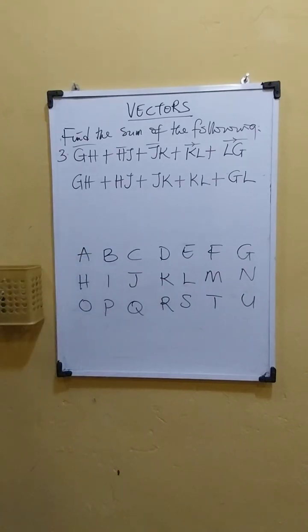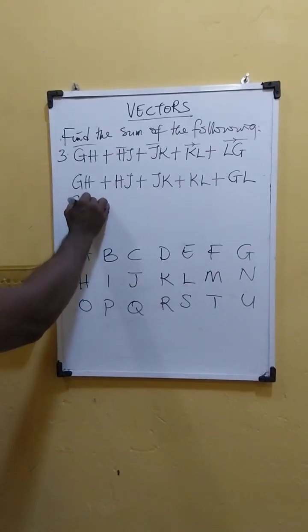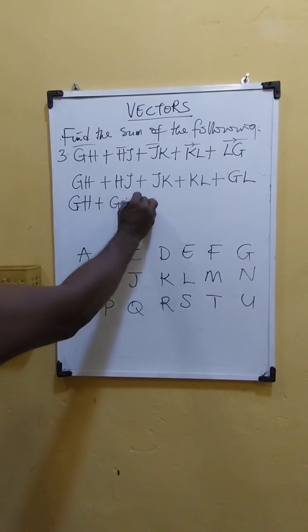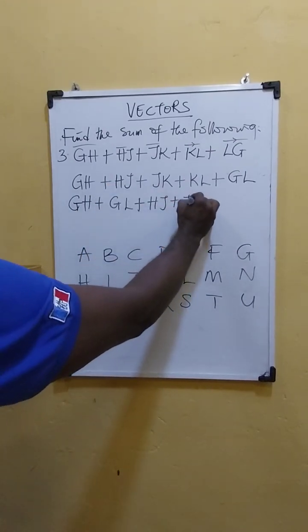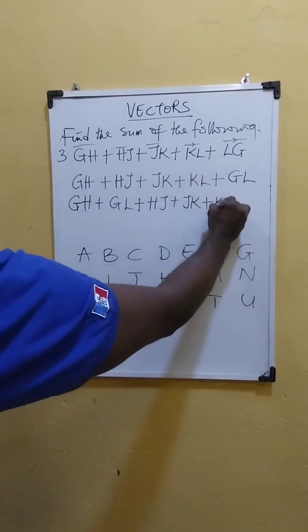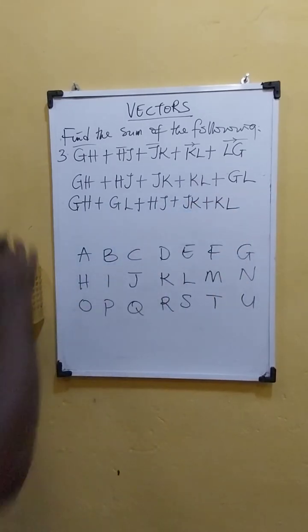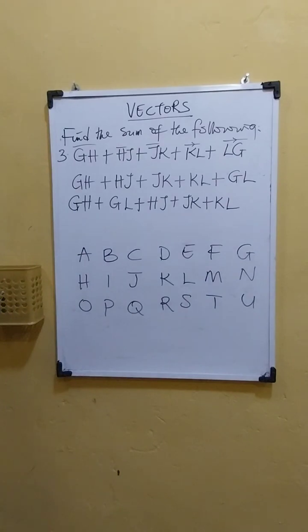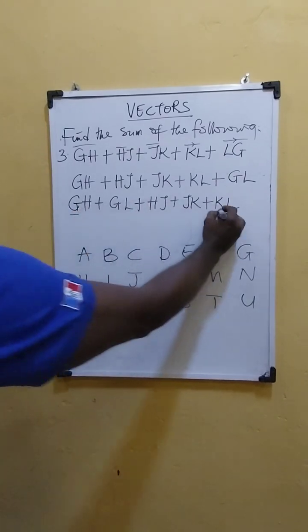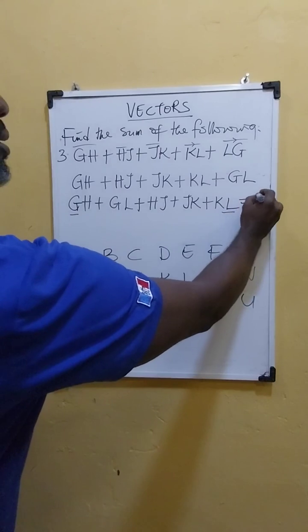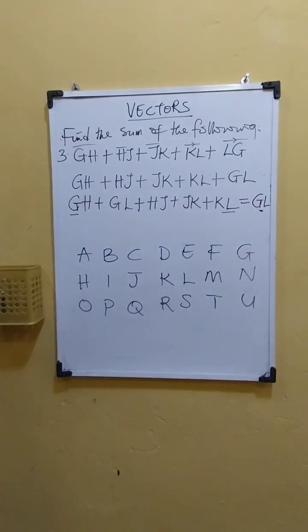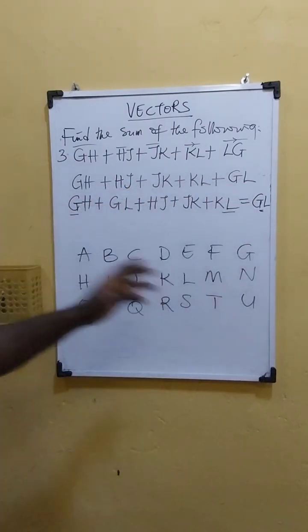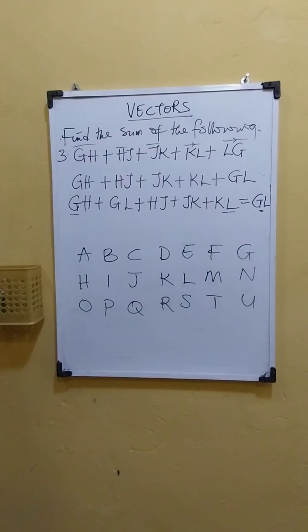So you have to rearrange it again. So we have GH plus GL plus HJ, I'm bringing down this one, plus JK plus KL. This is how you have the arrangement. What you have there is this and this, which is also equal to GL as your final answer. You may look at it from this end and see that you're still having the same GL, but you have to arrange it how it's supposed to be.